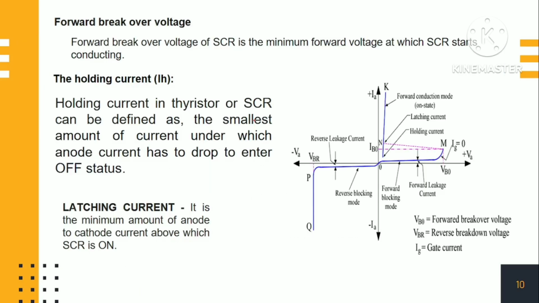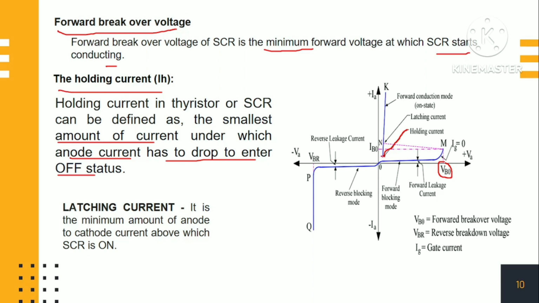The important terms we must remember: the first one is the forward breakover voltage. It is the minimum voltage required to start the conduction of an SCR, mentioned here as VBO. The second one is the holding current, as mentioned here. It is the smallest amount of current below which the anode current has to fall for the SCR to enter the off state.